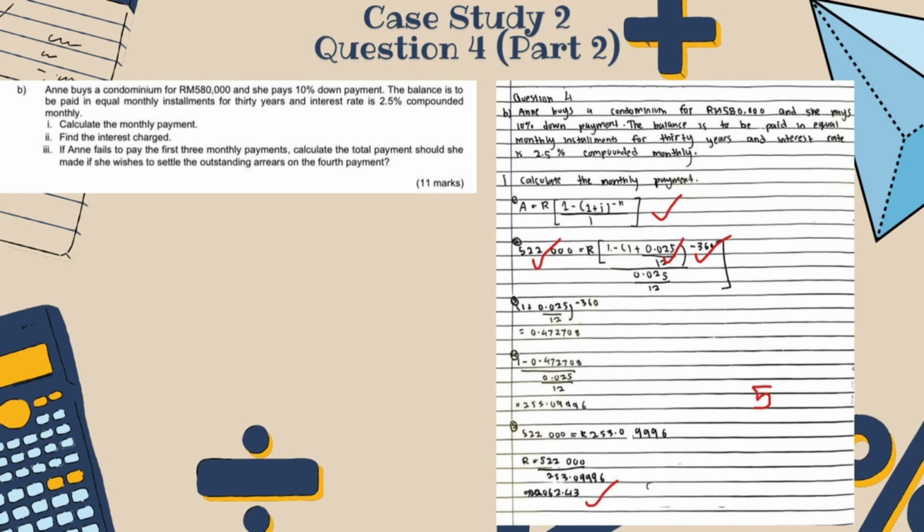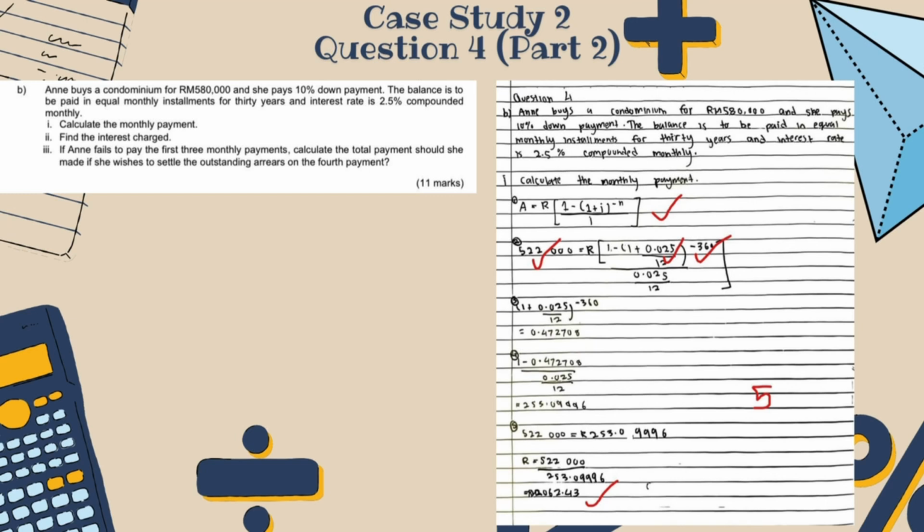Next, to avoid calculation errors, we solve it step by step. First, (1 plus 0.025 divided by 12) raised to the power of negative 360 equals 0.472708. Then, 1 minus 0.472708 divided by 0.025 divided by 12 equals 253.09996.